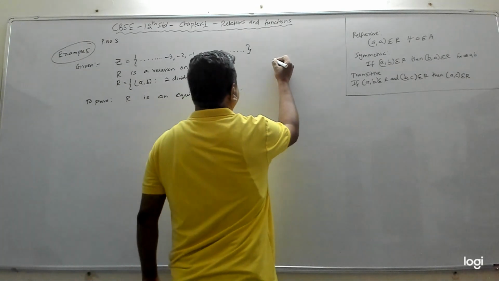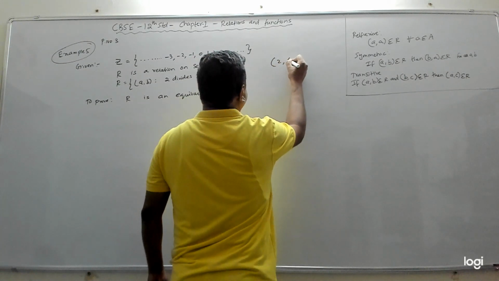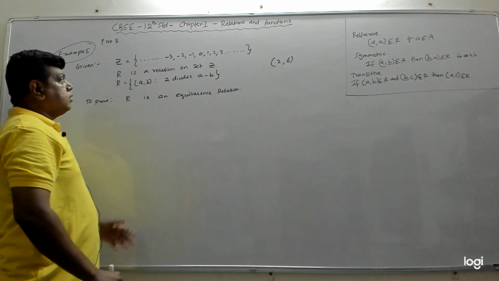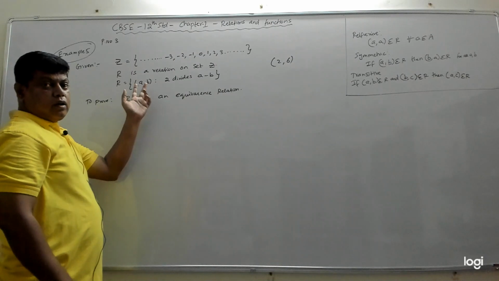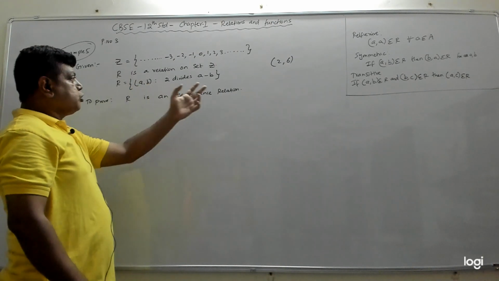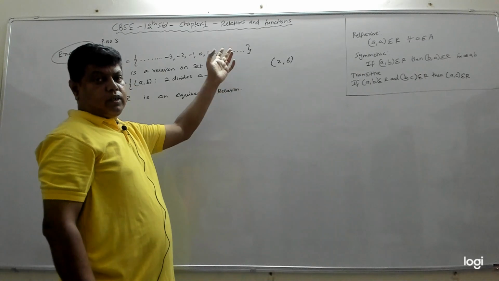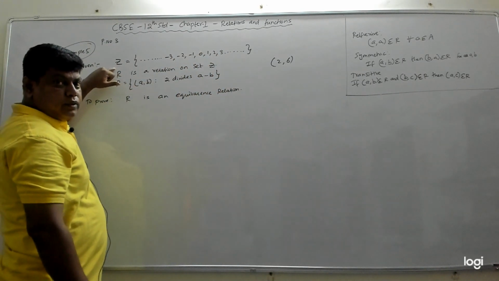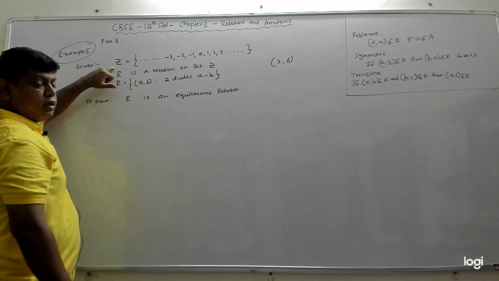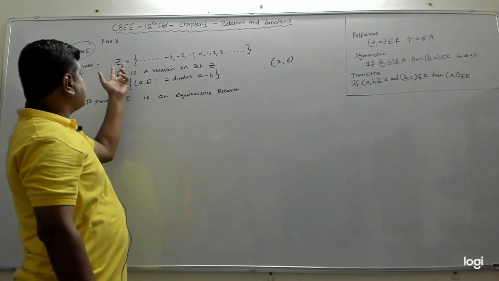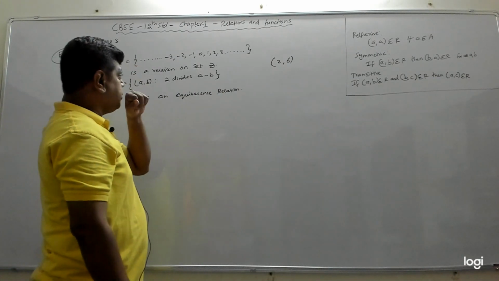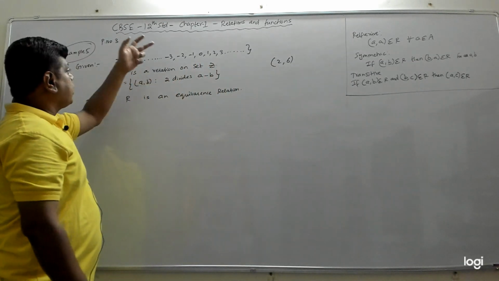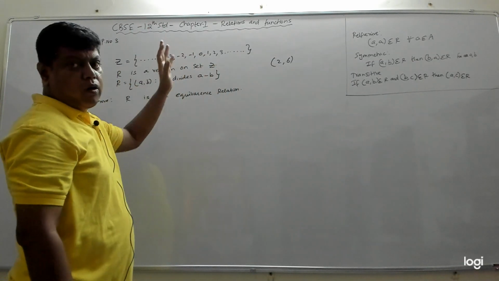Suppose, for example, I take the pair (2, 6). If you need to know whether this (2, 6) is in the relation set R: (2, 6) is obviously in Z cross Z, because relation R is a subset of Z cross Z, the Cartesian product of integers. So any element we take from Z cross Z, like (1, 1), (1, 2), (1, 0), (0, 1), and so on.